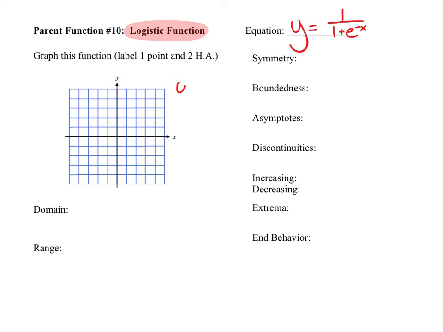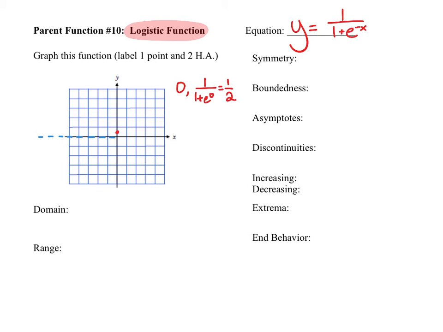So I want you right now to plug in 0 to this function. You'd get 1 over 1 plus e to the 0 power. Anything to the 0 power is 1, so this is the same thing as 1 over 2, because 1 plus 1 is 2. So we know we have a coordinate point (0, 1/2). Now there are 2 horizontal asymptotes here.